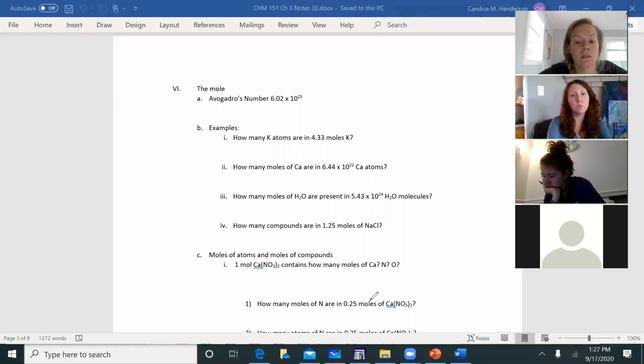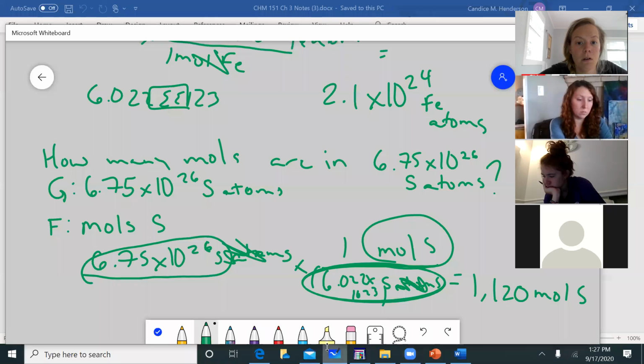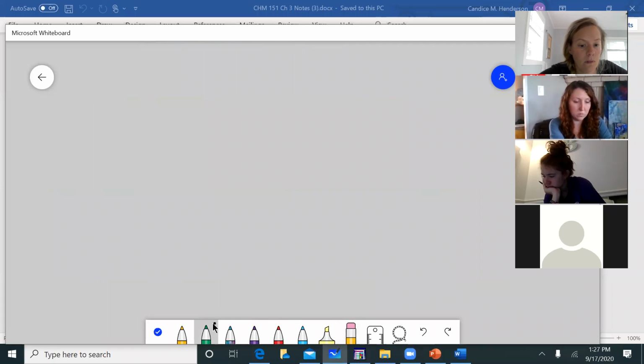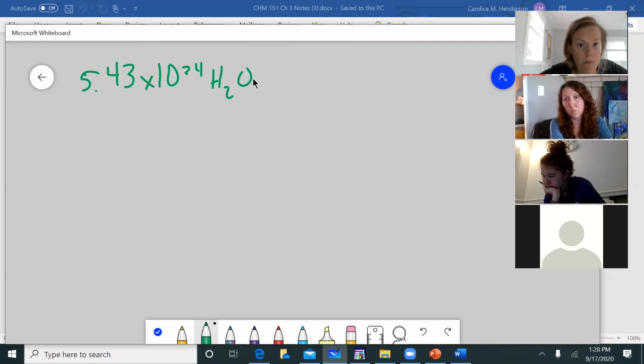All right. So I'm going to solve these on the whiteboard. How many moles of H2O are there in, we know that we're given 5.43 times 10 to the 24th H2O molecules.